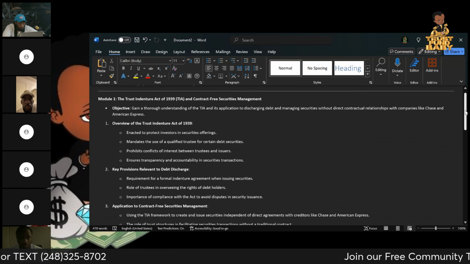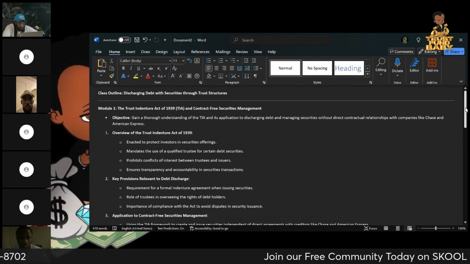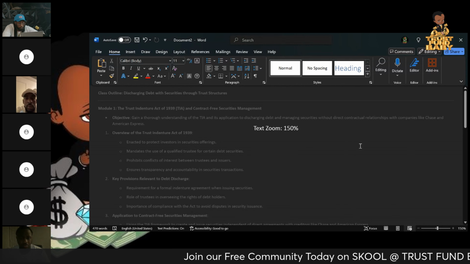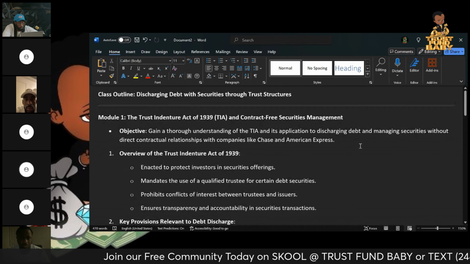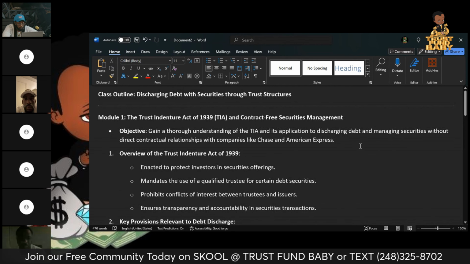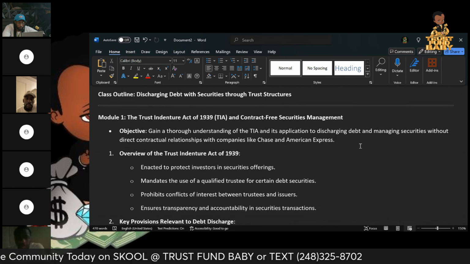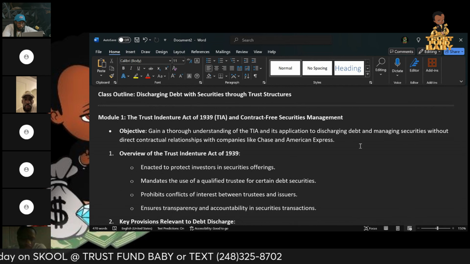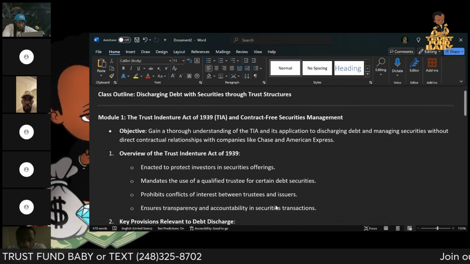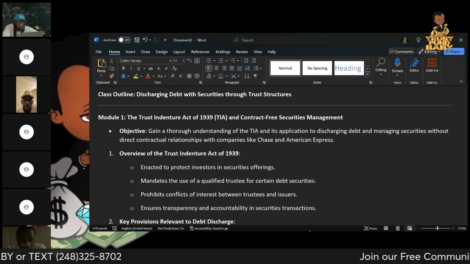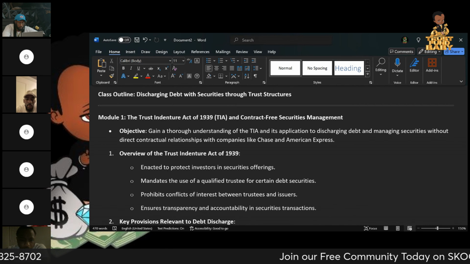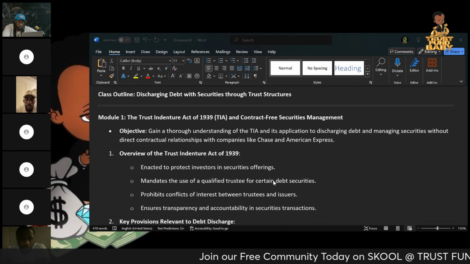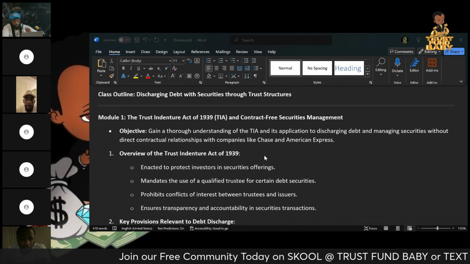I'm sorry, this is blurred out. Can anybody else read it? I can't read none of that. It's blurry. It was clear to me. Can you see it? You on your phone or your computer? It's better now.